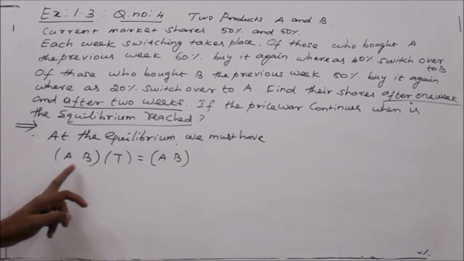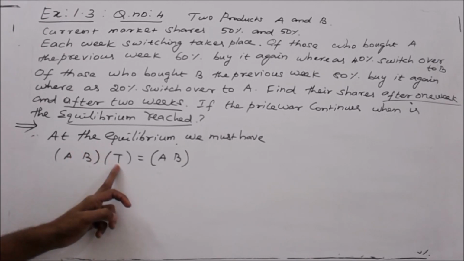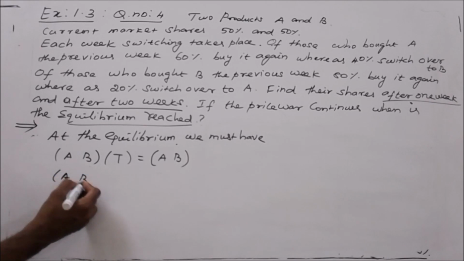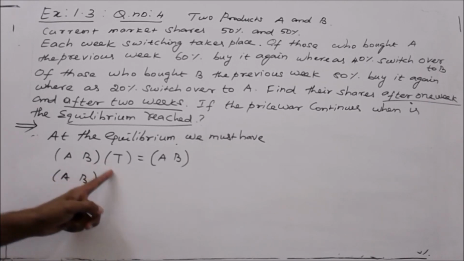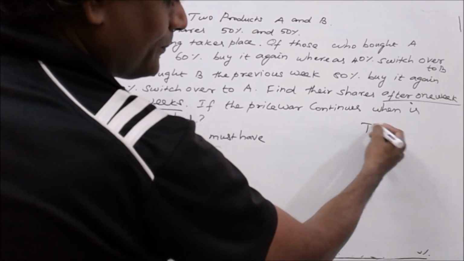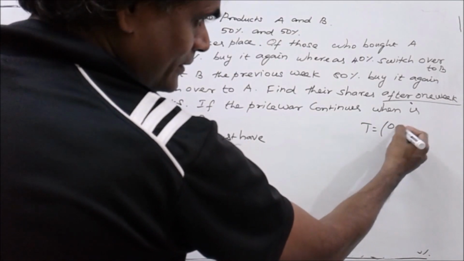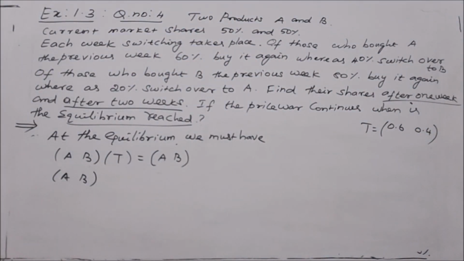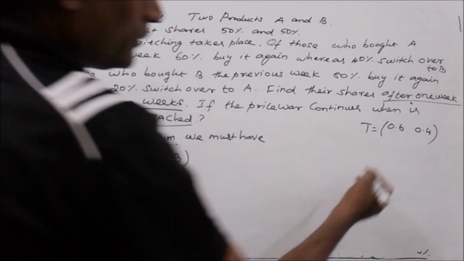Here, AB into the transition probability matrix equal to AB. AB is unknown at the equilibrium, but the transition matrix is known to us. The transition probability matrix T is equal to 0.6, 0.4 and another row 0.2, 0.8.